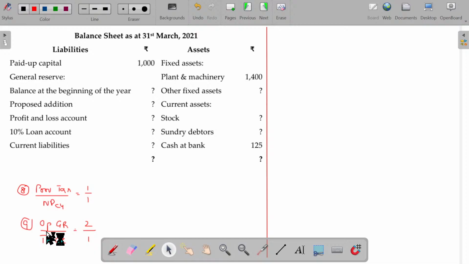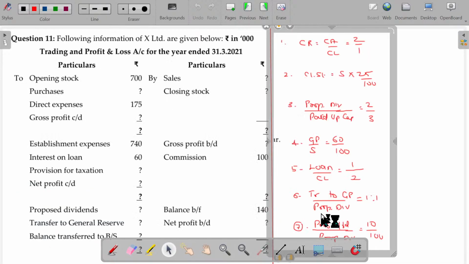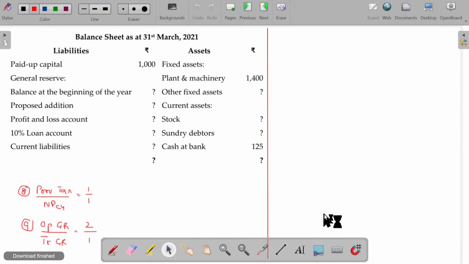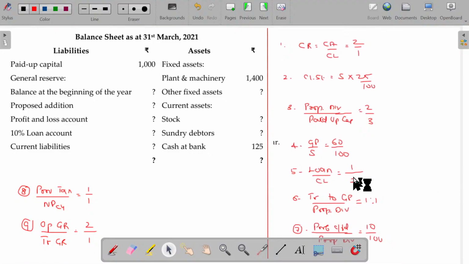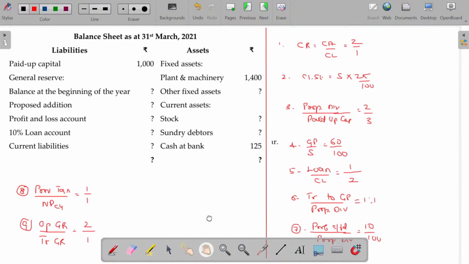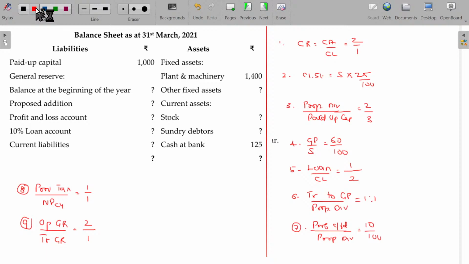I'll keep it all. So what information is given here?